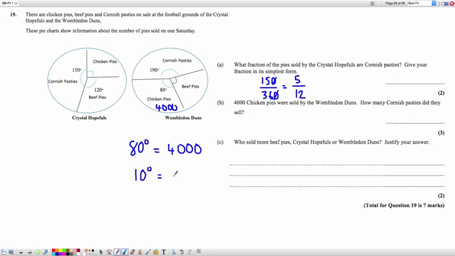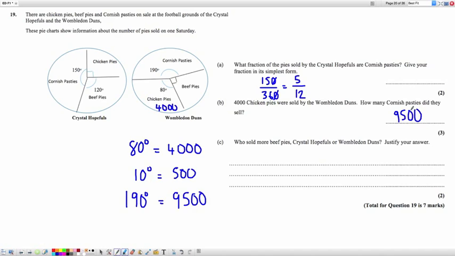So 4,000 here divided by 8 will give us the value for 10 degrees, which will be 500. From that we can then work out 190 easily by multiplying by 19 to give us 9,500. So this is the number of Cornish pasties sold on the day.